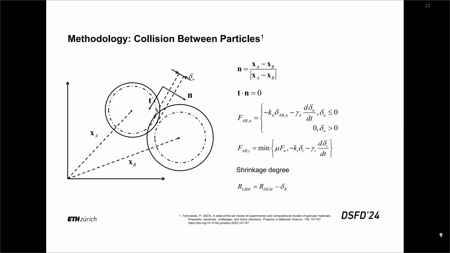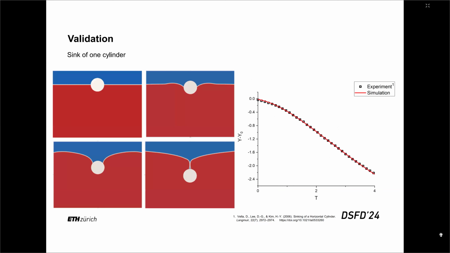In order to solve this contradiction, we define a shrinkage degree, which means that when we calculate the flow field, the radius of particles will be smaller. By integrating all the schemes, we have the gas, liquid, solid model. Now we want to validate our model.